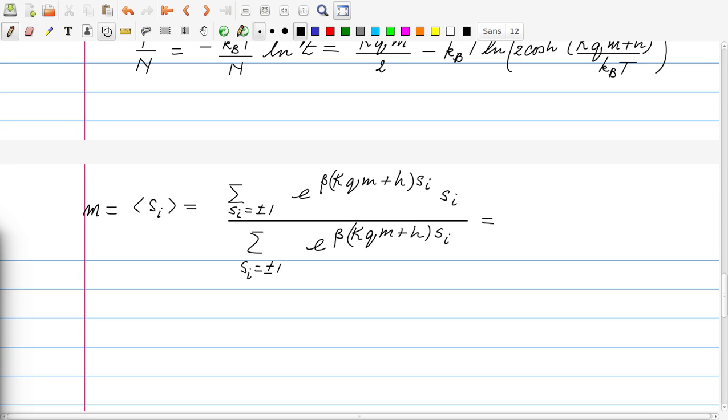It is also easy to calculate the average value of the spin on each site. So that's my m, and that is calculated as follows. All the spins are independent, so I just have one expression per spin.